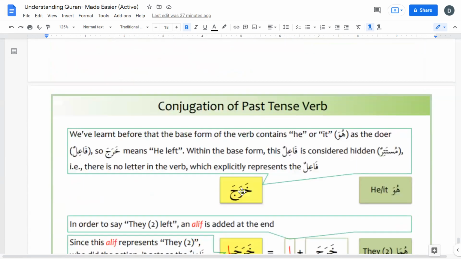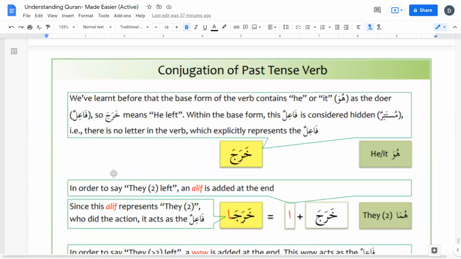Now today, we are going to learn how different pronouns are recognized in one word, the fi'l madi. So look, kharaja, which is on the pattern of fa'ala, tells us that it's a past tense.